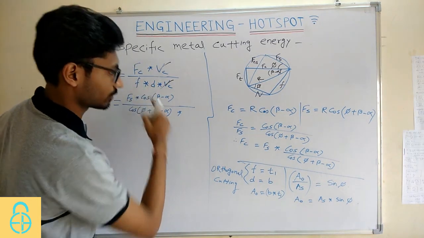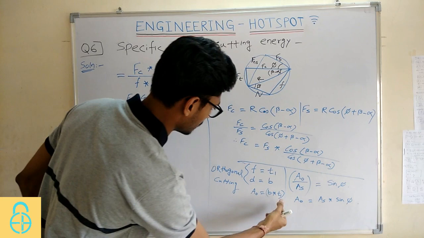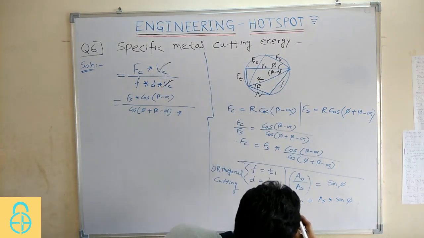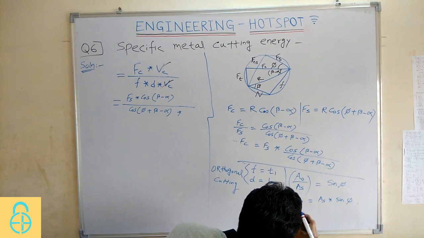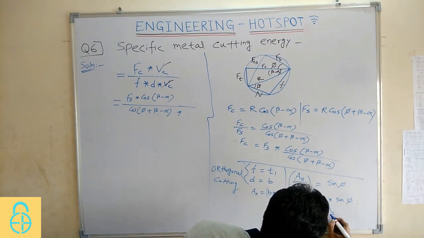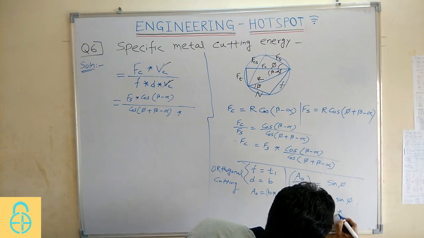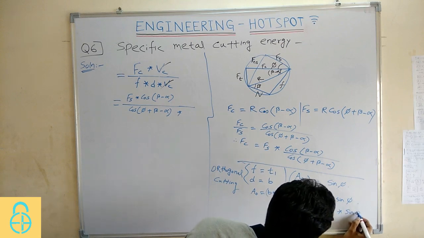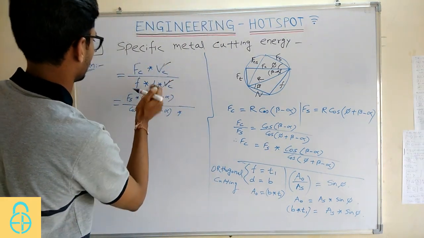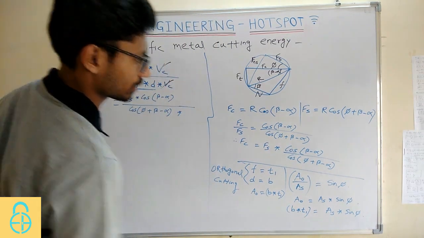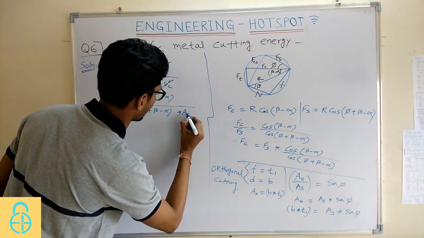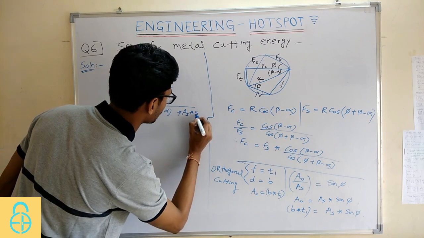Into F into D. F into D is B into T1, and B into T1 you can write as As into sin phi. So instead of writing B into T1, this value, you can write this value. This will be As into sin phi.